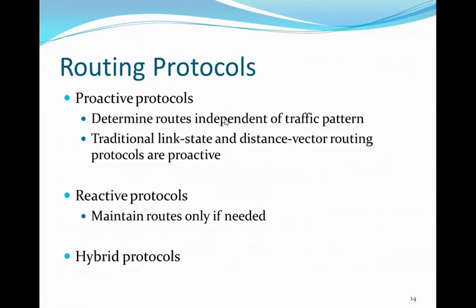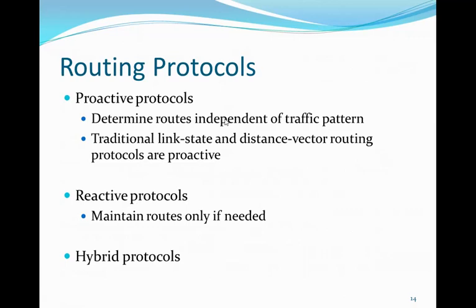Now, look at the categories of these routing protocols, which are totally based on their characteristics. We have proactive protocols, which determine a route independent of traffic pattern. Traditional link state and distance vector routing protocols are actually proactive.